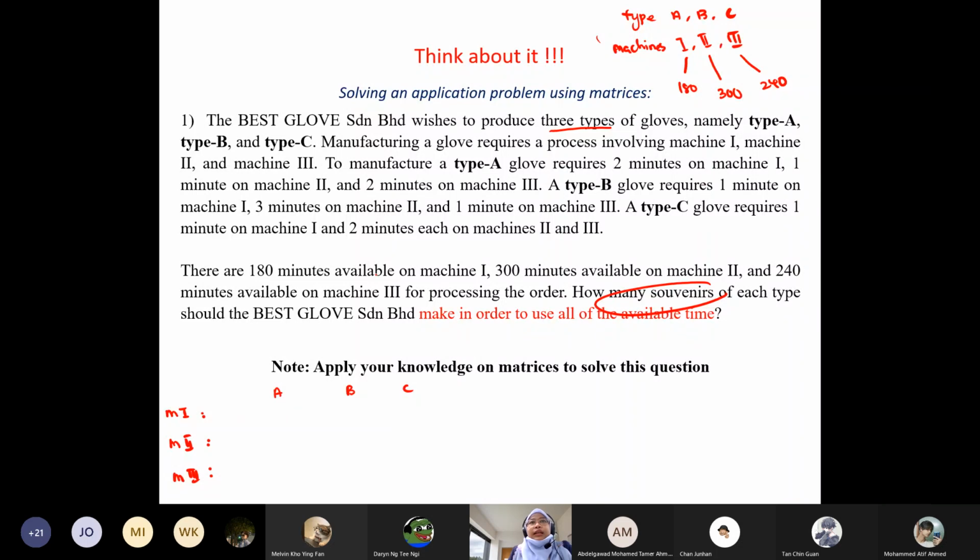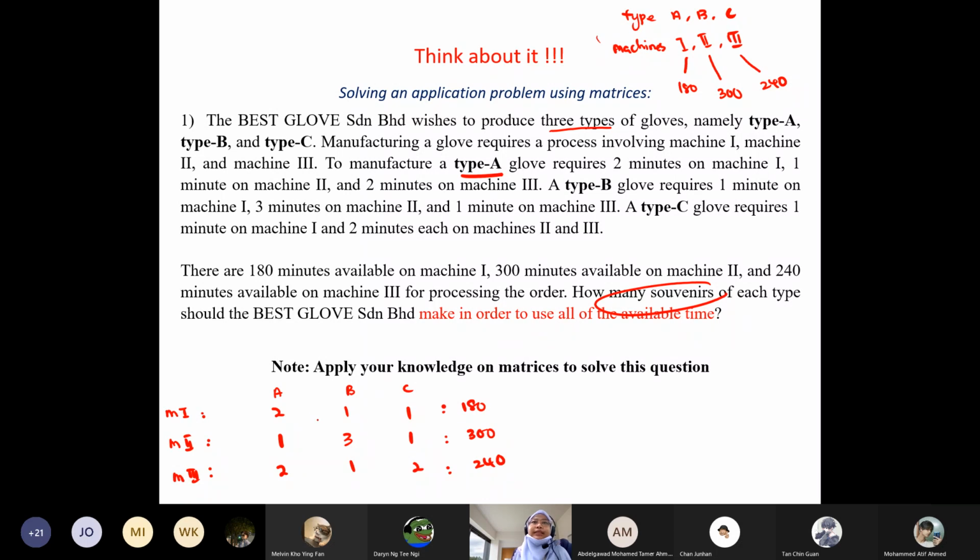Let's look at type A glove. It requires 2 minutes on machine 1, 1 minute on machine 2, and 2 minutes on machine 3. Type B requires 1, 3, 1, and type C requires 1, 1, 2. The available times are 180, 300, and 240 minutes.